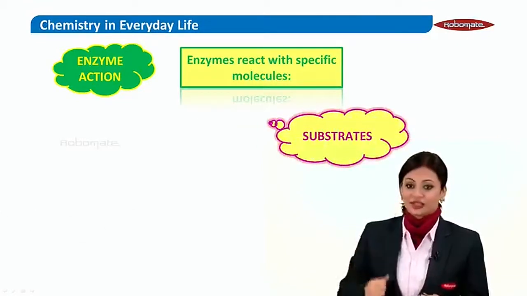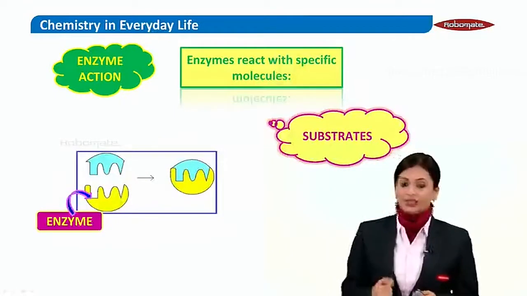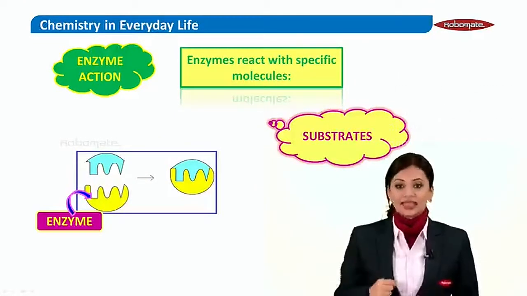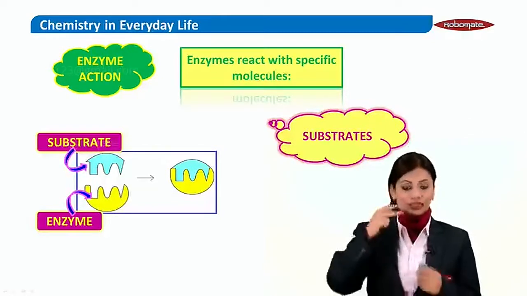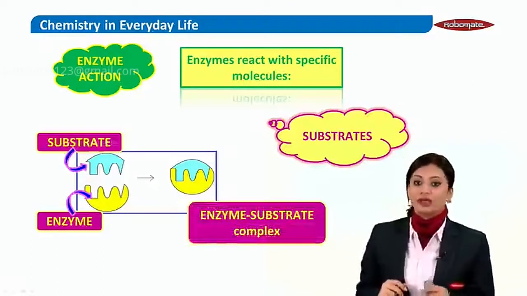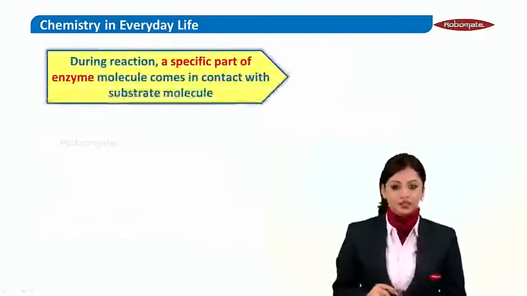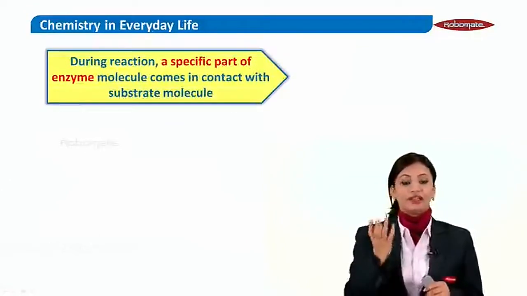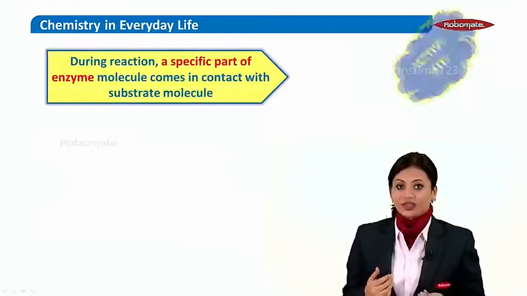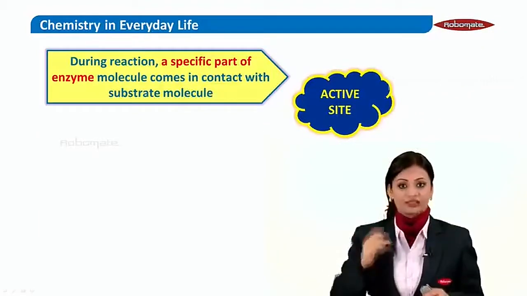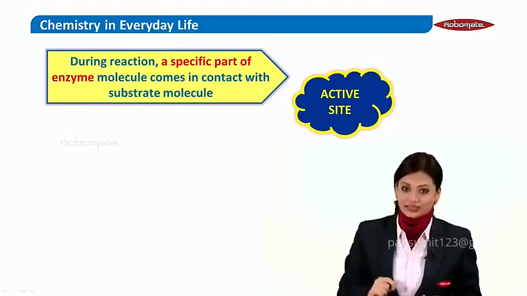So let's take a look at this figure here, children. What you see, the yellow colored part is the enzyme, and this enzyme will get attached to the substrate. When they attach together, it is called an enzyme substrate complex. Now, children, whenever an enzyme is there and it lets a substrate come and attach itself, there is a particular site at which the substrate will attach, and that site, children, is called the active site.